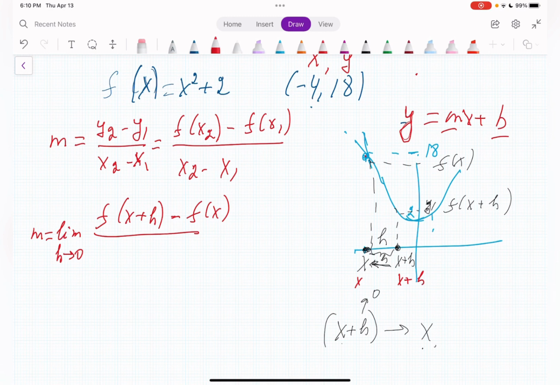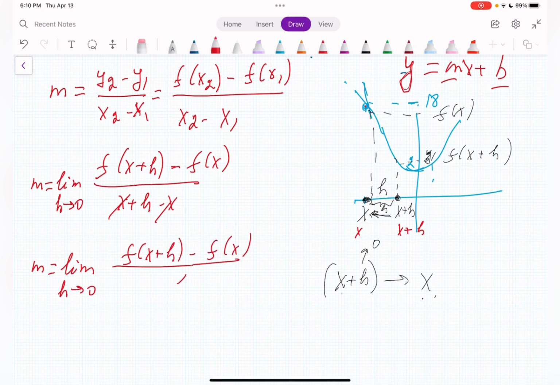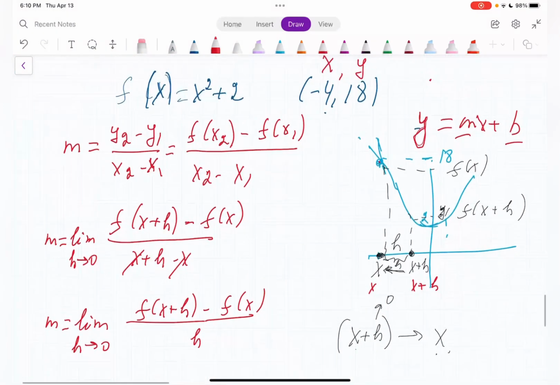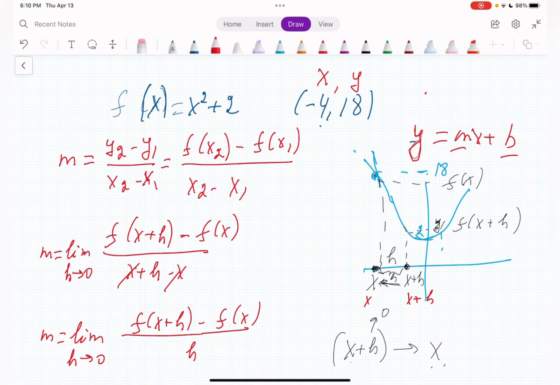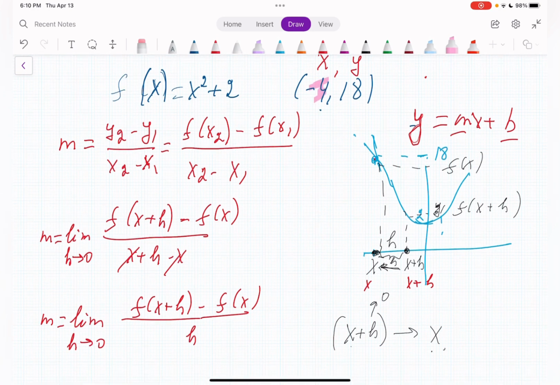So if I put x plus h minus x, the x and x are going to be gone, and I will have m equal to the limit as h approaches 0 of (f of x plus h minus f of x) divided by h. From here, what we are going to do now is replace x with my value here, -4. And for f of x, I'm going to use x squared plus 2.